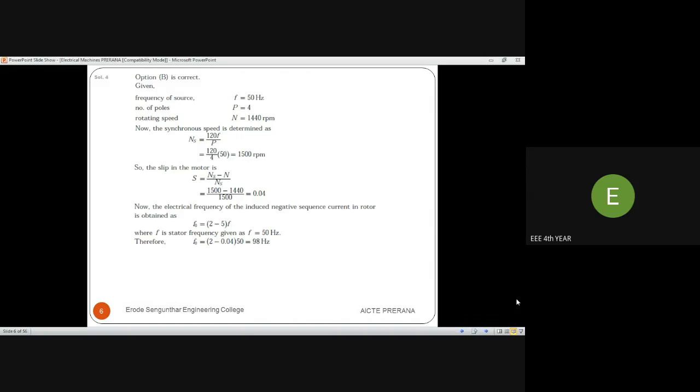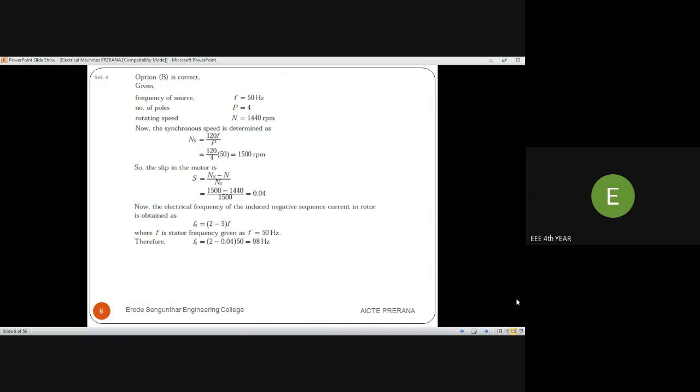Then we know the negative sequence current frequency of the rotor, F0, that is the rotor frequency, is equal to (2 minus S) into F. Here 2 minus S, where S is the slip, into F, the supply frequency. You can substitute F as 50 Hz and S as 0.04. This is the formula for the negative sequence current of a rotor. Note that (1 minus S) into F is the rotor frequency at normal conditions.